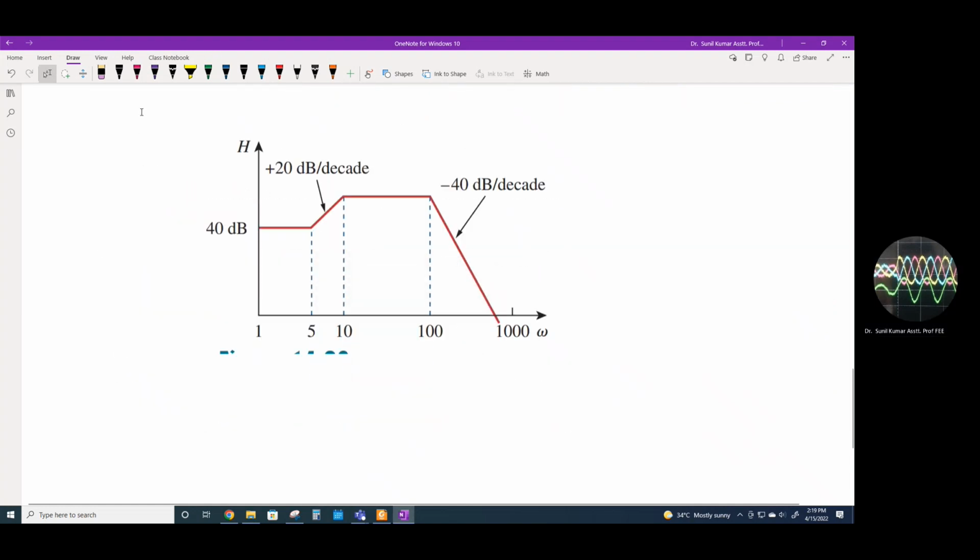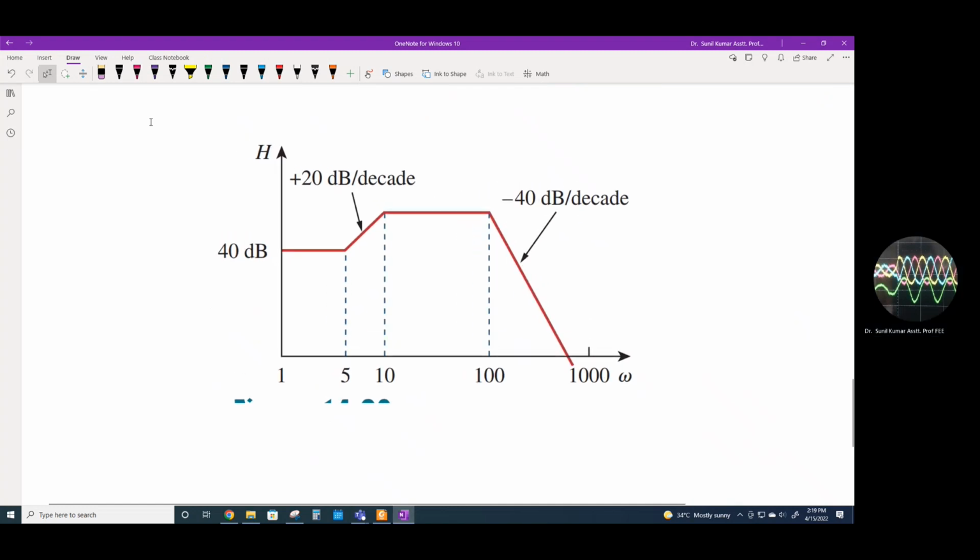So here we have this given Bode plot, and we follow the same procedure, which is to split this plot into individual lines and then write their expressions.